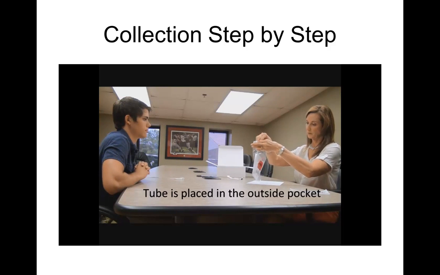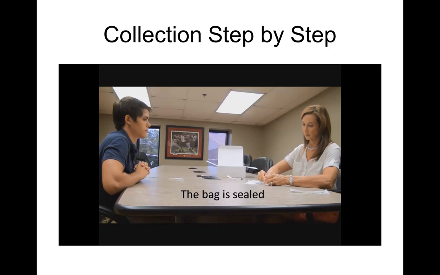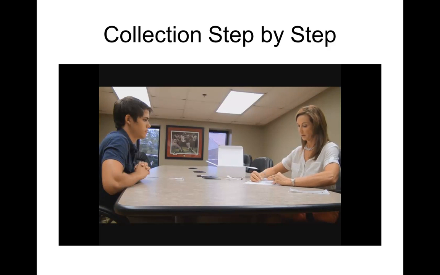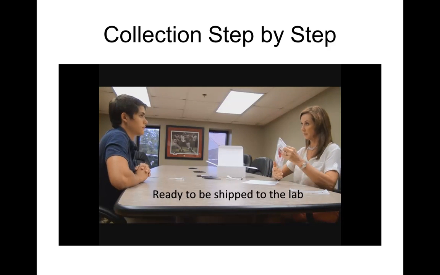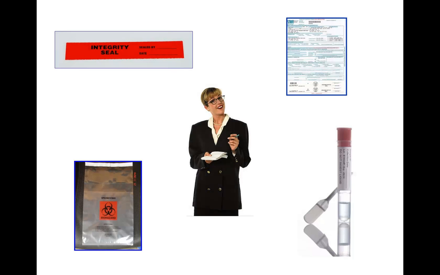You're going to drop the tube inside, and it's going to show you on the bag, but you're going to peel this off the bag, and you're going to pull that seal, and it will seal right over where the chain of custody has gone in. Therefore, if it's ever tampered with, it's real easy to see, and then she's going to hold that up, and it's ready for shipment.